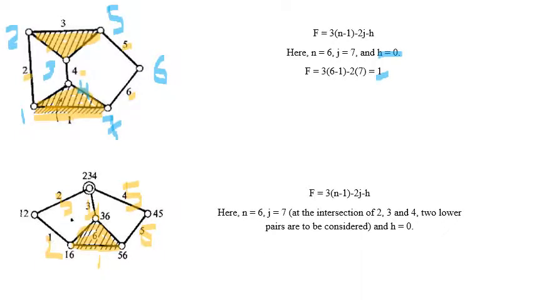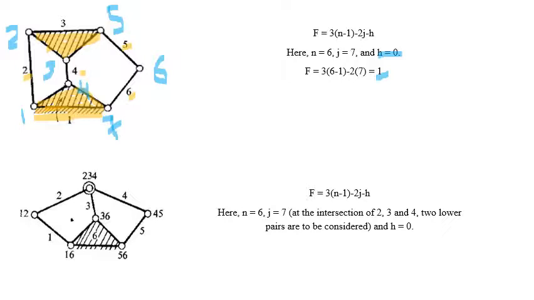So coming to the joints. Be careful while counting the number of joints, because in a joint, if more than 2 links are connecting, then we need to consider it as a special case. In this junction you can see 3 links are connecting, 2, 3 and 4, right?